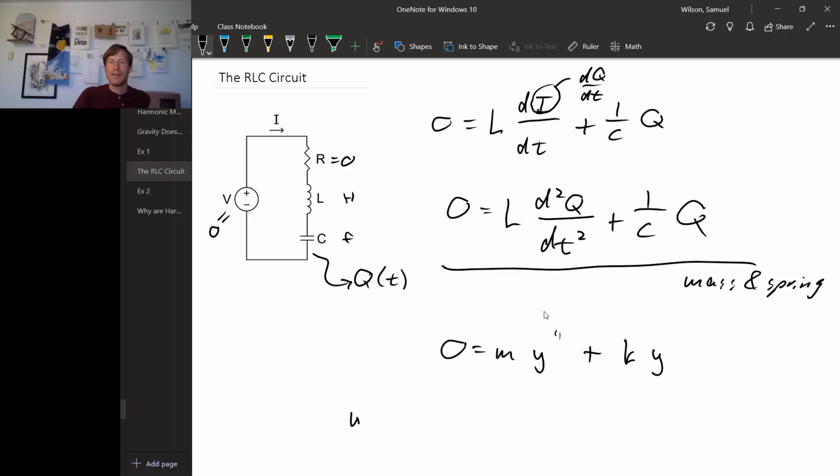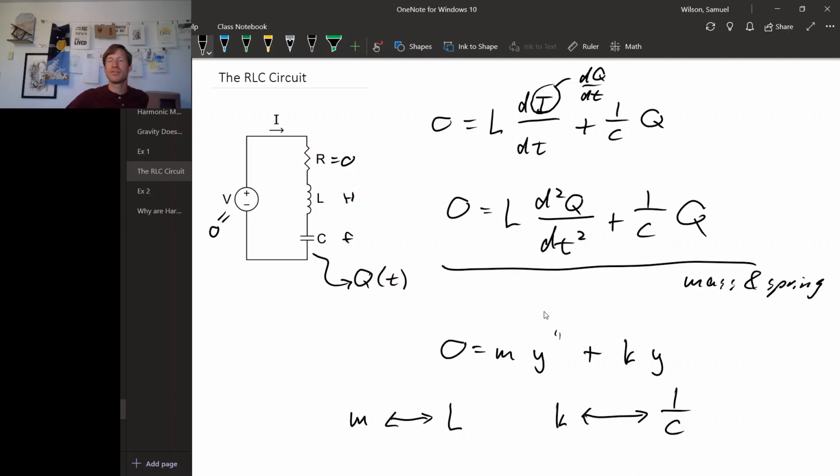So the mass in our mass spring situation is just like the inductance, and the spring constant in our mass spring situation is just like the 1 over the capacitance. So we did some analysis of what happens to the angular speed of the oscillation if you increase or decrease the mass or spring constant.